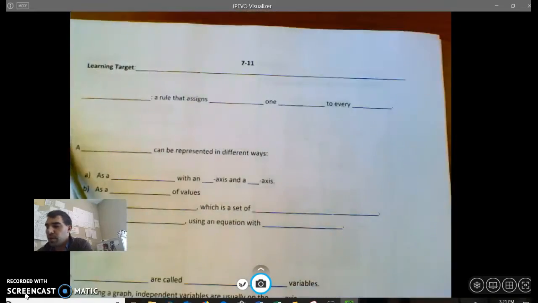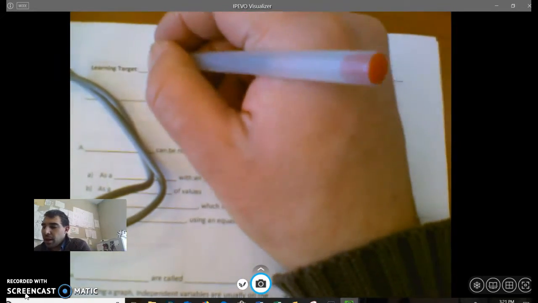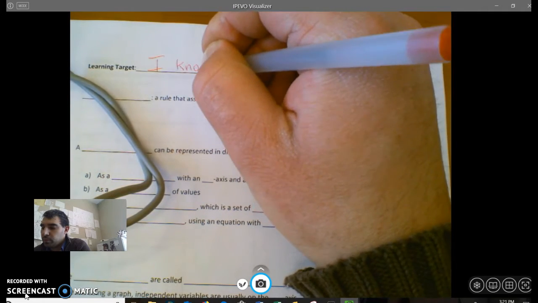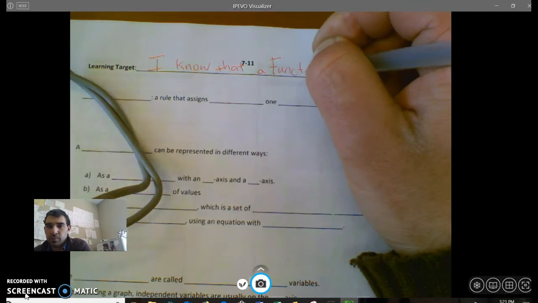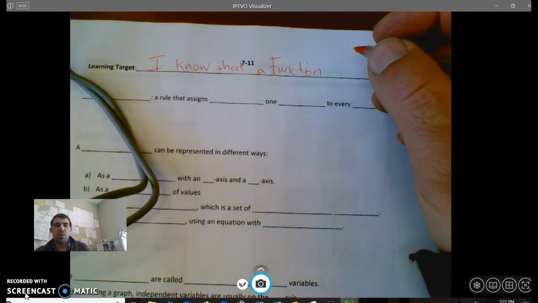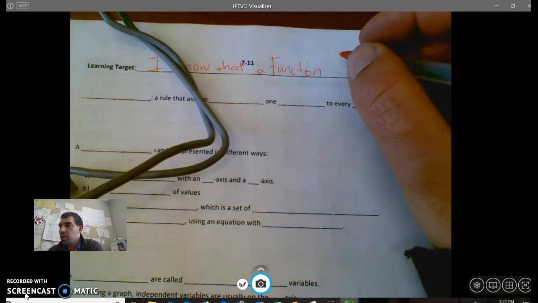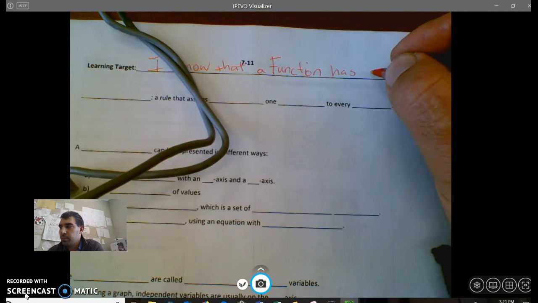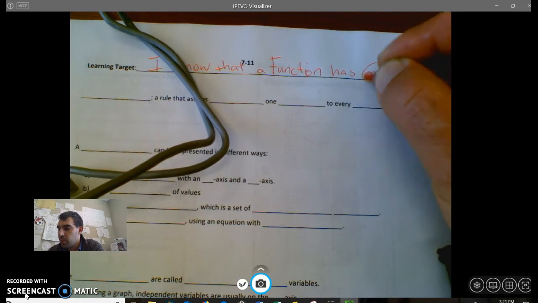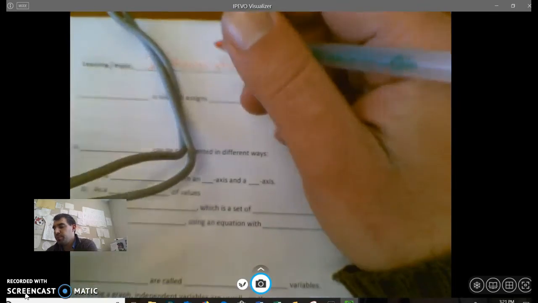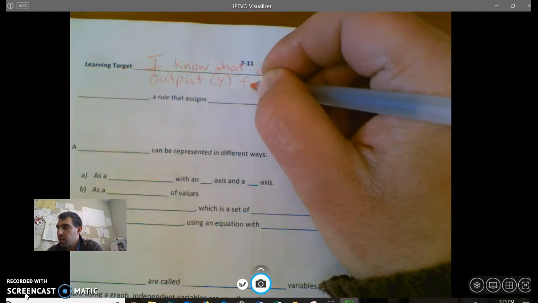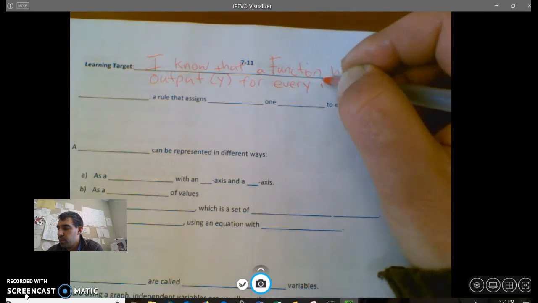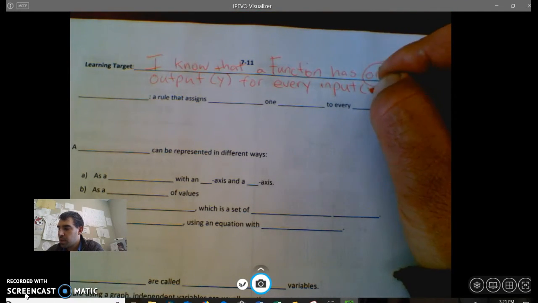So our learning target today is, I know that a function has one, that's important, one output, that's our y, for every input, that's our x.